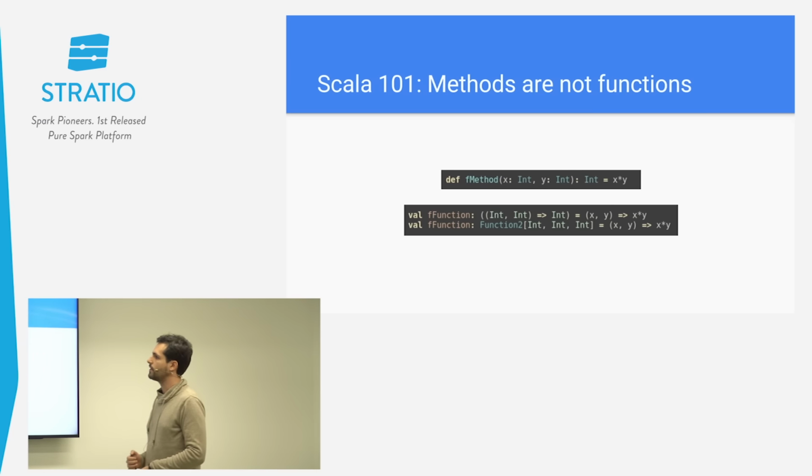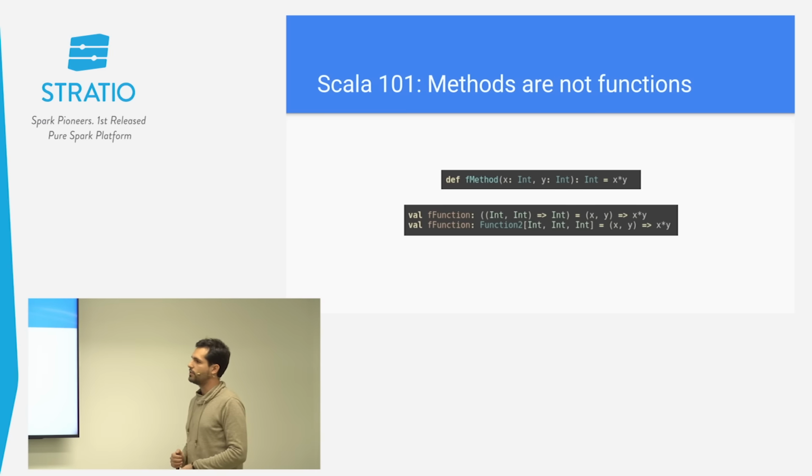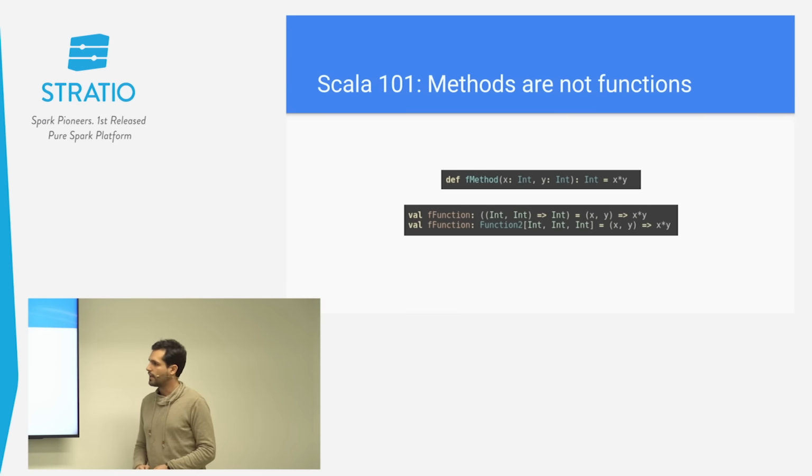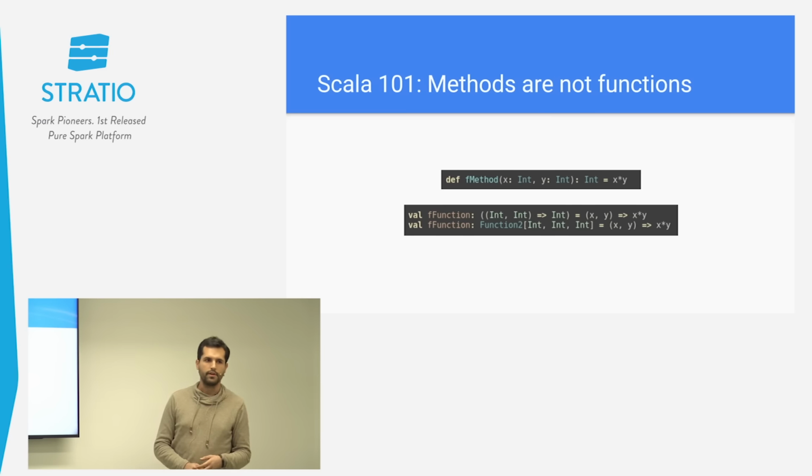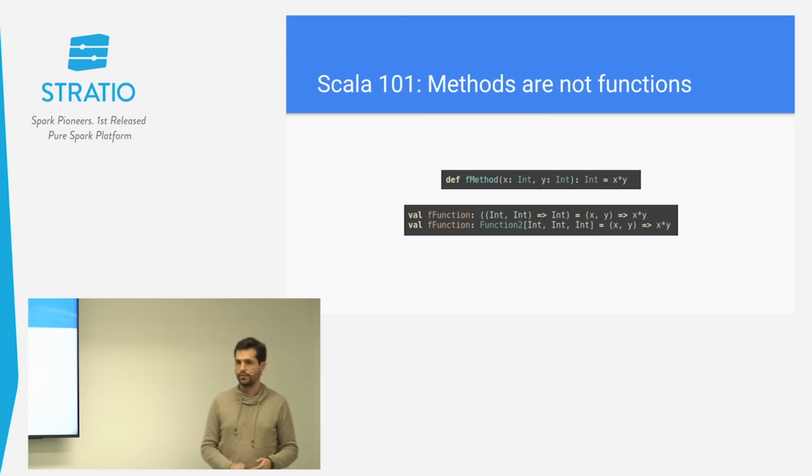One of the distinctions you have to keep in mind is that methods can have multiple parameter lists. Functions are just something going from a type to another. You can have several actual parameters, but you can also have an implicit parameter list. We'll see what that is in a few slides. Functions are limited in some ways, and you can pass them as parameters to other methods or functions.